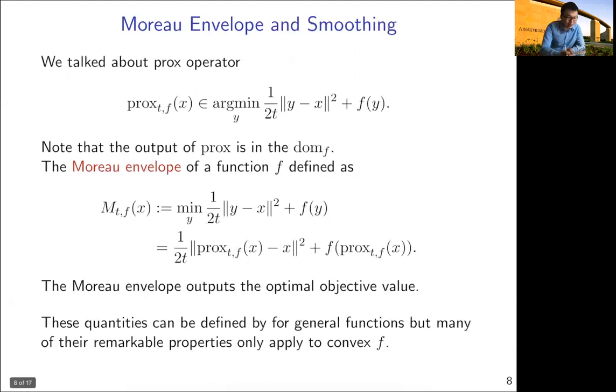Okay, so now let's go back to the proximal operator. We've defined the prox operator to be the argmin of this convex optimization form.